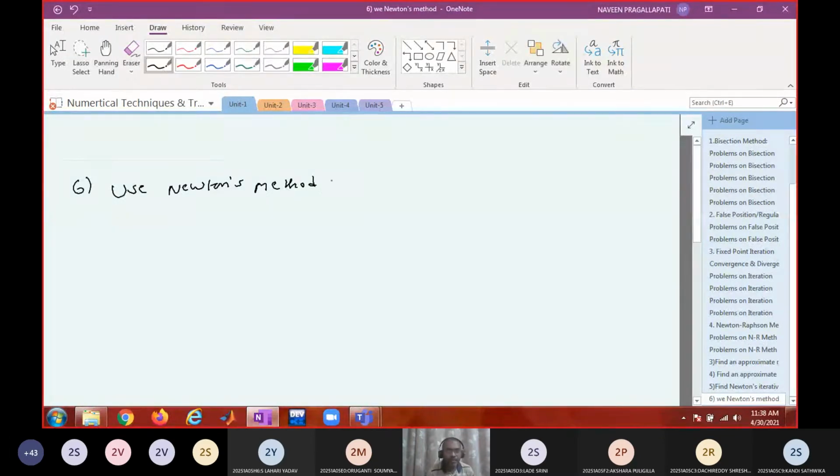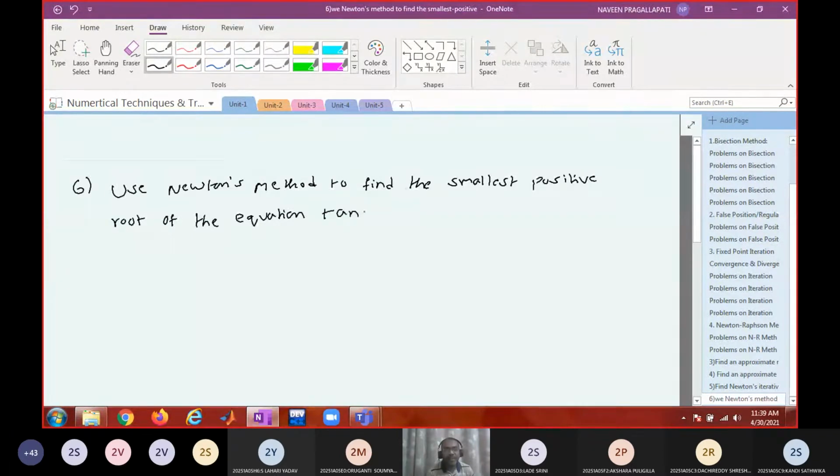To find the smallest positive root of the equation tan x equal to x.